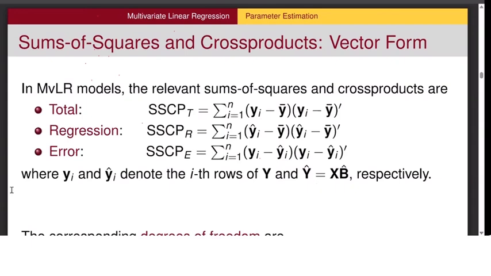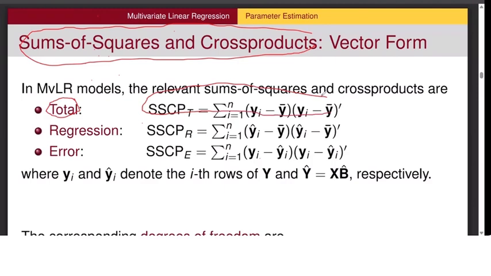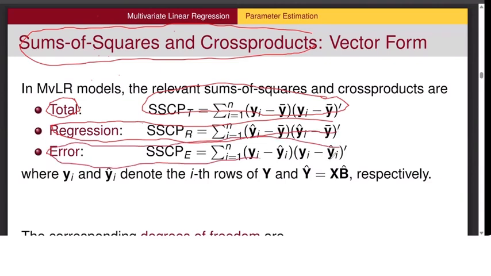The name we call that is the sum of squares and cross products. For the total, don't forget this total involves so many response variables. The total is the total variation, this is the explained variation, the sum of squares regression, and this guy here is the unexplained.